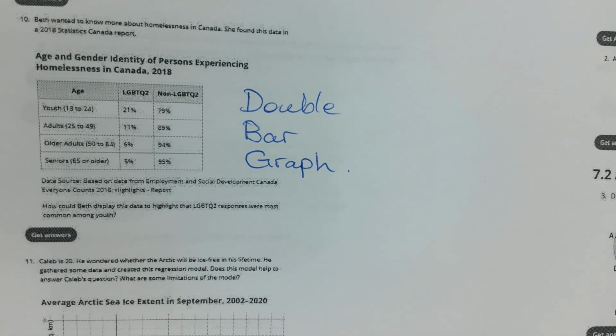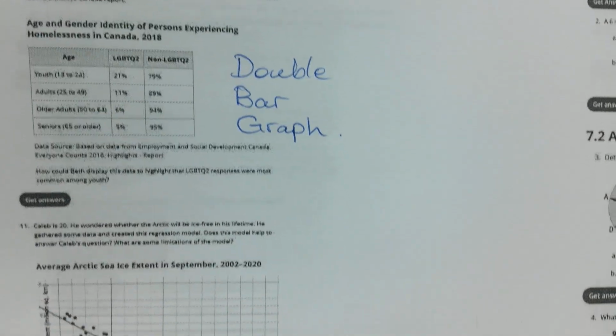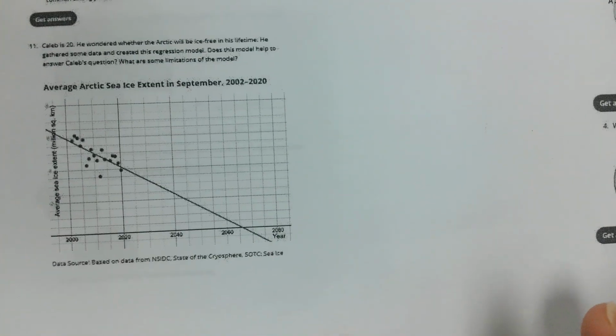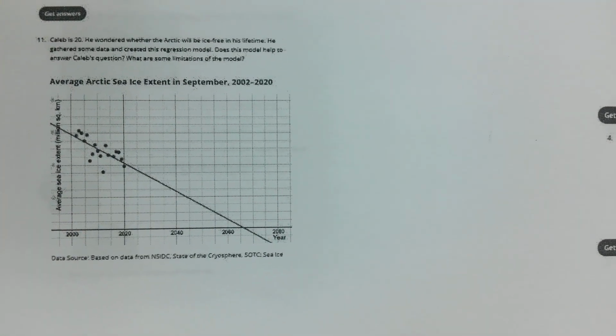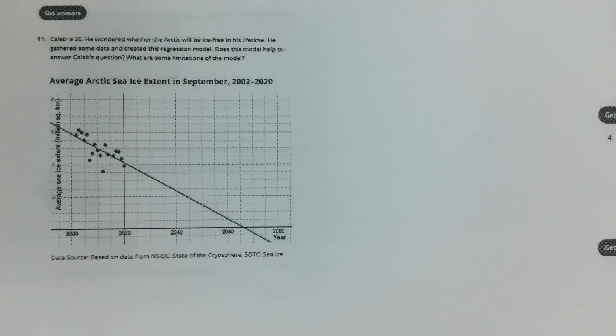A box plot has only one set of data, and it only shows a range. A pie graph only does one set of data as well. This one is just a decreasing graph.